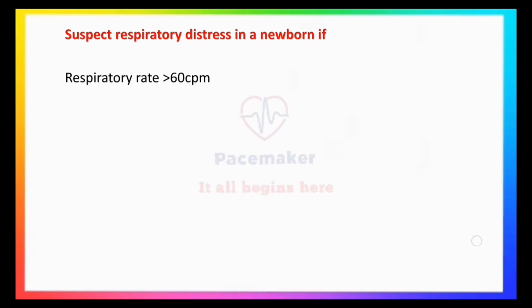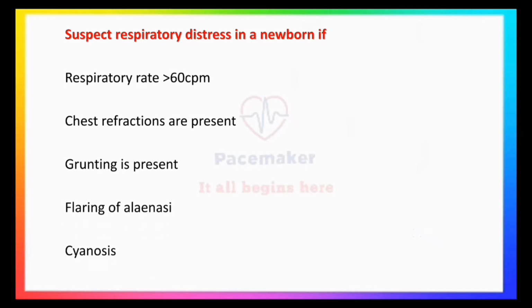Then, chest retractions are present, grunting is present, flaring of alae nasi is present, or cyanosis is present. These five indicators tell us whether respiratory distress is present in a newborn. So whenever you see these features, you have to suspect respiratory distress in a newborn.